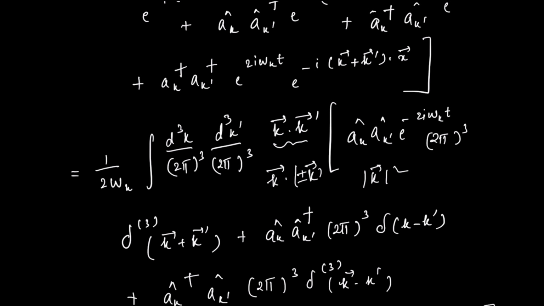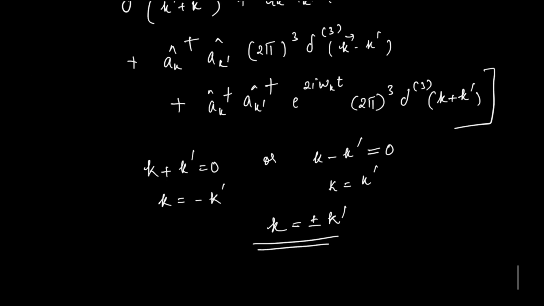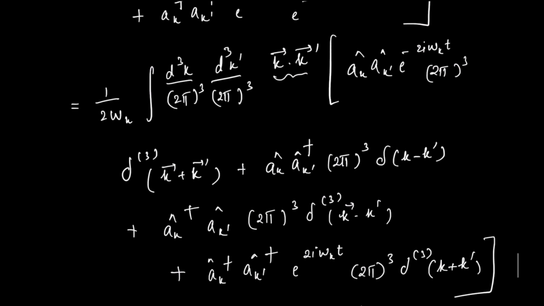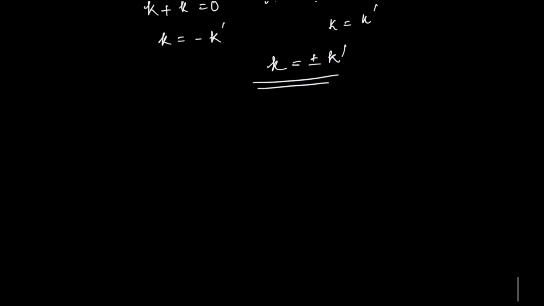In the next step I will write k·k' as mod k squared, and I will also integrate with respect to d³k', so that all the Dirac deltas will be equal to 1. Here I can cancel all the (2π)³. Now I integrate with respect to d³k.